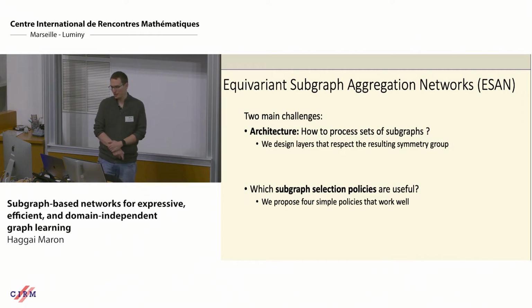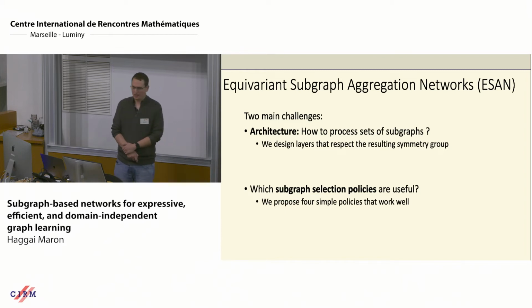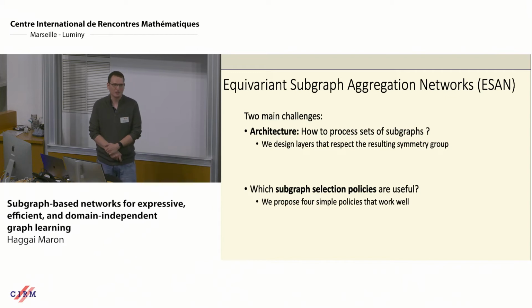The first one is, what is a suitable architecture for processing sets of subgraphs? The second one is, which subgraph selection policies are useful, interesting, computationally efficient, and so on. So we'll talk about those two questions now.